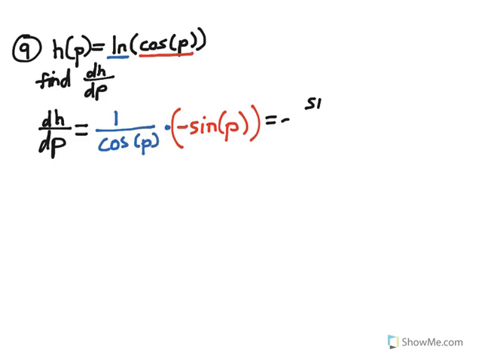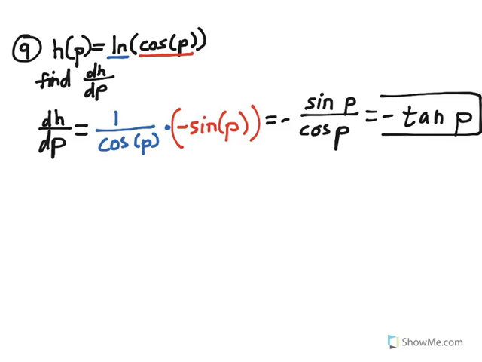All right, negative sine of p over cosine of p, which is negative tangent of p. Kind of an unusual result, but it works with everything we've done.